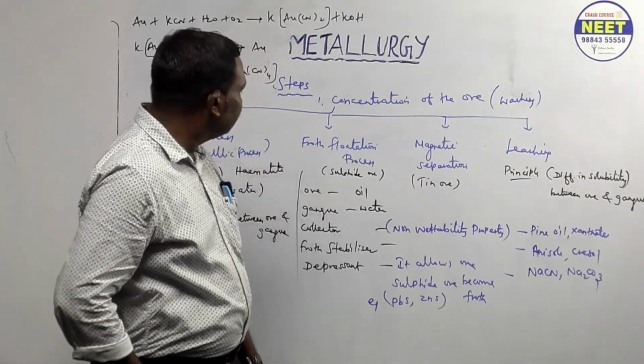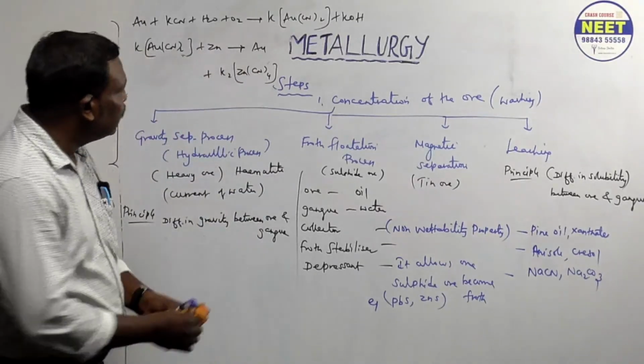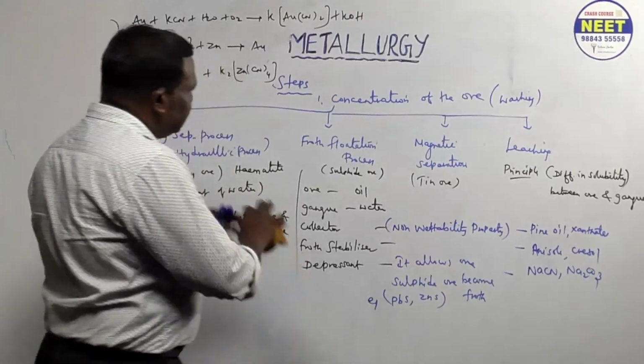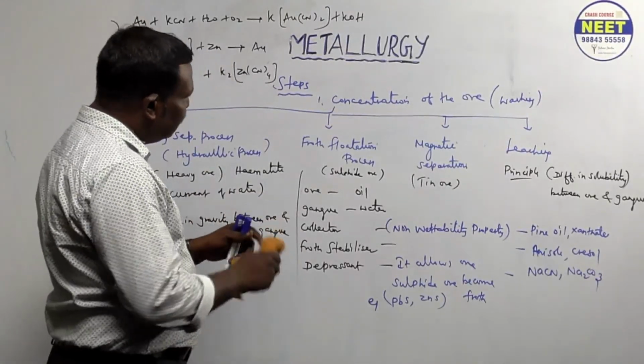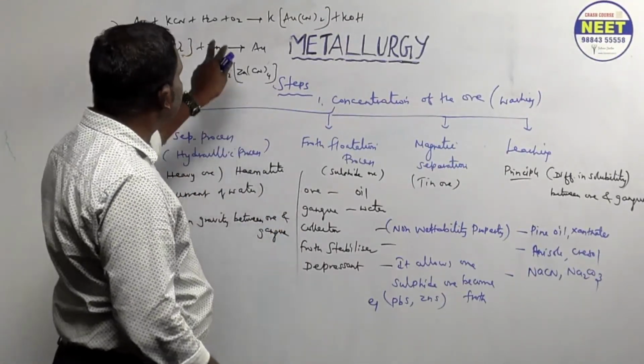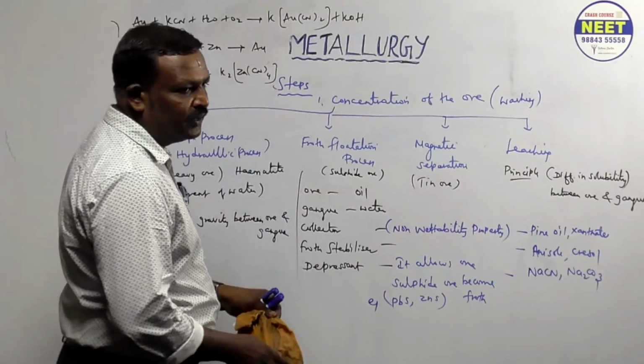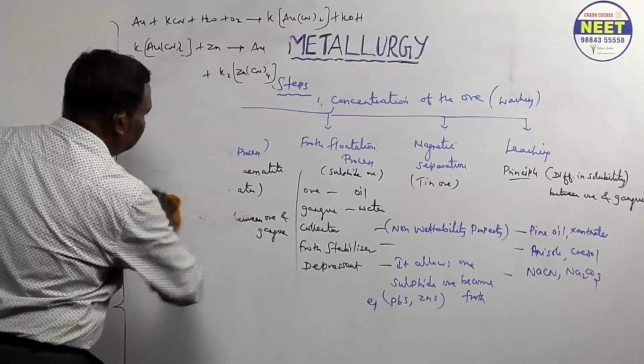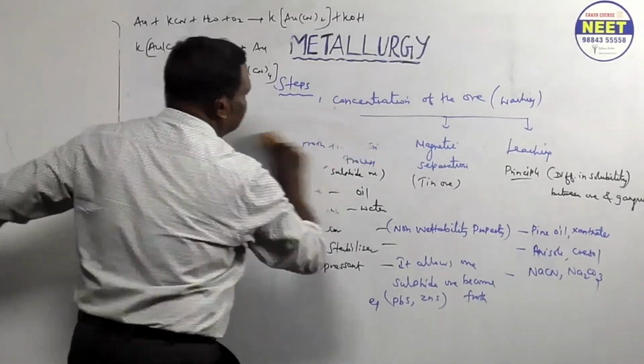Okay. Next one. Just washing the ore, that's all. First we take the ore, then wash it to remove the unwanted substance, the gangue. That's called concentration of the ore. Next one is what?